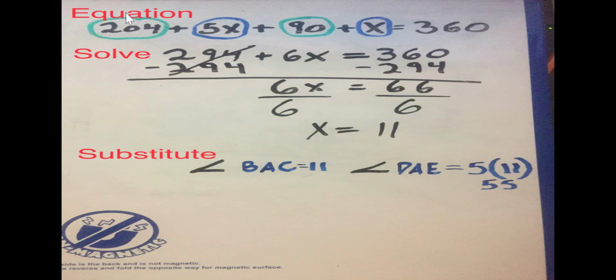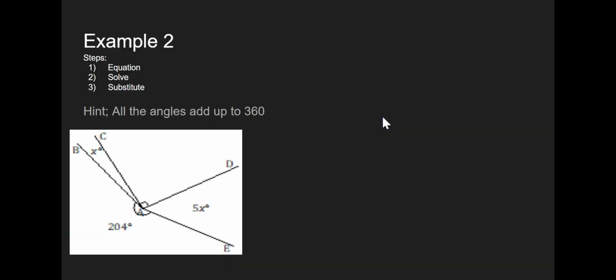So I just want you to notice that as I combined like terms, I circled using different colors so that you know what goes with what. Okay. And then I solved. And then once I solved and I got 11, I then went back and substituted. So angle BAC was 11.